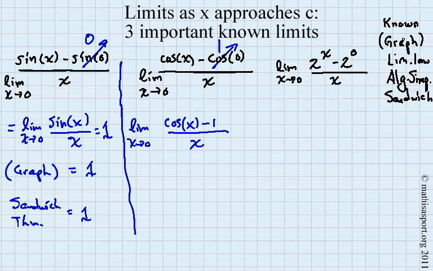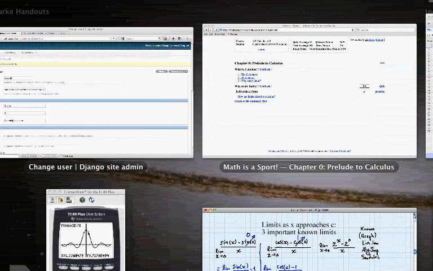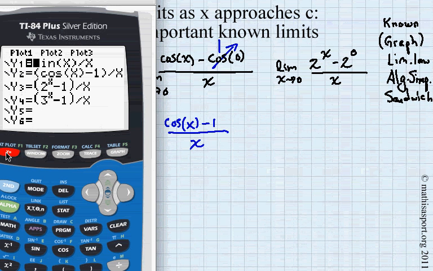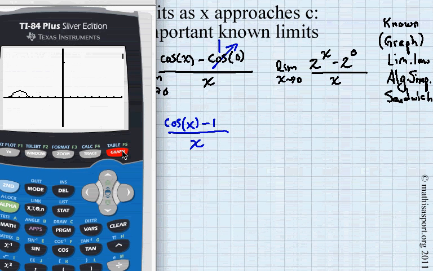We can graph it. Let's take a look at that. I've also put that in, but let's go back and we'll turn off our graph of sine x over x. We'll turn this graph on and see what we get.